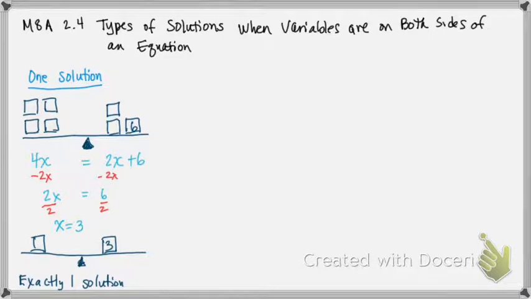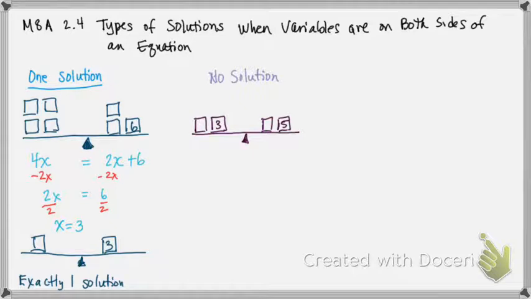All right, next, let's talk about the possibility that you have no solution. So again, let's draw this out. Again, we have a balance point, and we have an empty box, or we don't know what's in it, and a 3, and then we have an empty box, and we have another box that has a 5 in it.